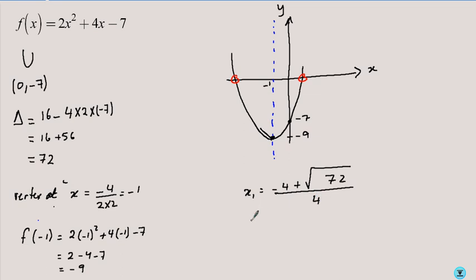The first root is a plus, the larger root. And the second root, the smaller one, will be negative 4 minus root 72 divided by 4. If you wish, you can simplify either of those expressions.